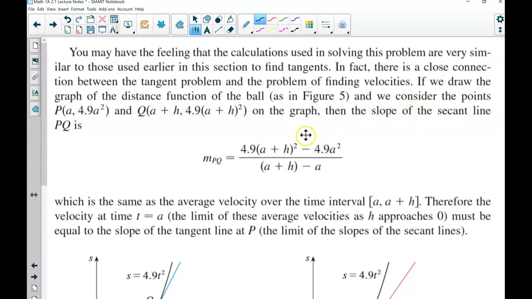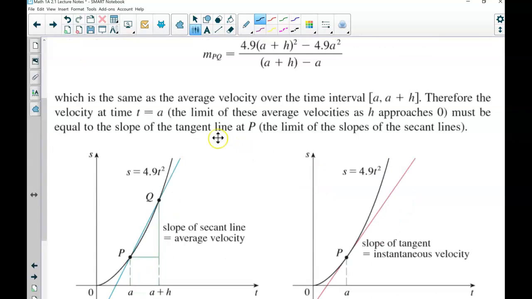If we draw the graph of the distance function of the ball, and consider the points P(a, 4.9a squared) and Q(a plus h, 4.9 times a plus h squared), where we're adding h to the value of a, then the slope of the secant line PQ would be 4.9 times a plus h squared minus 4.9a squared over a plus h minus a, which is the same as the average velocity over the time interval between a and a plus h.